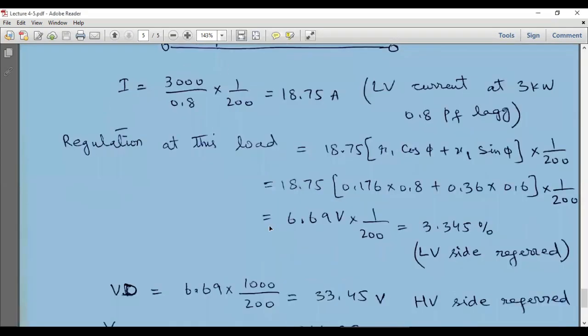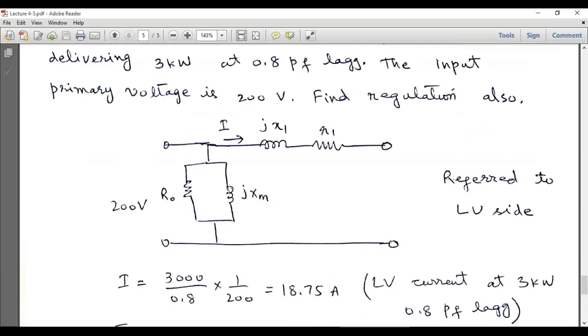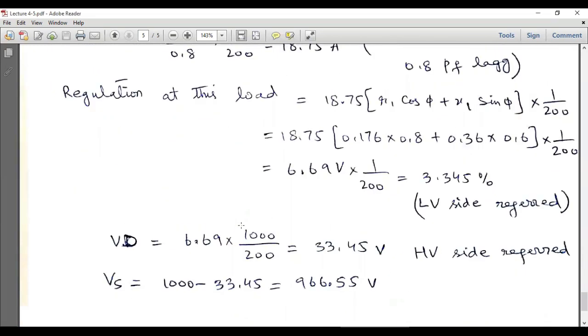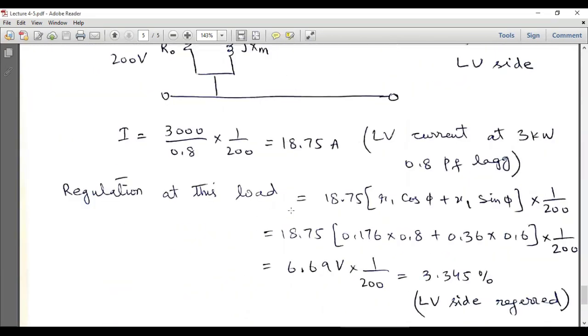We have to now calculate the voltage drop in this circuit which is caused by this current. If we multiply this current with this resistance and this reactance, we will calculate the voltage drop. So R1 cos phi plus X1 sin phi, these equivalent impedances will be multiplied with this current. This will give us the overall voltage drop.